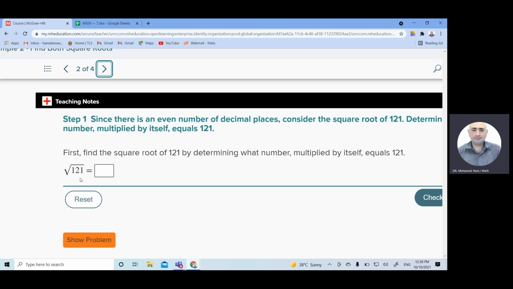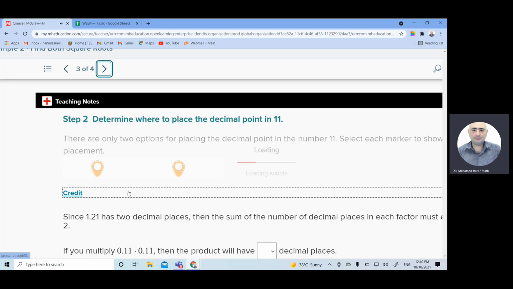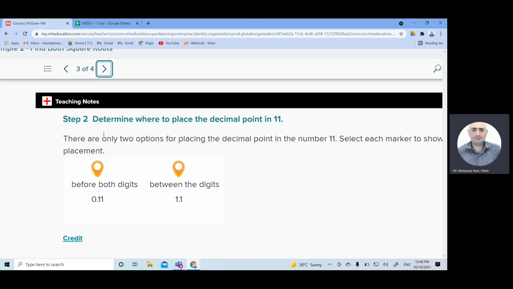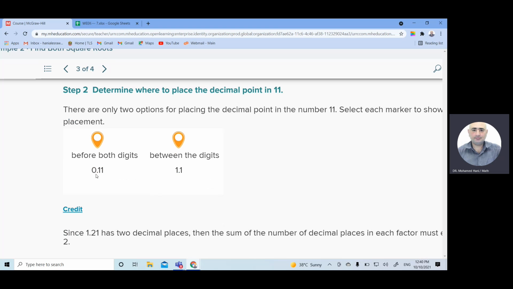Excellent. So the answer will be what? Will be 11. The second step, determine where to place the decimal point in 11. Is it 0.11 or 1.1?